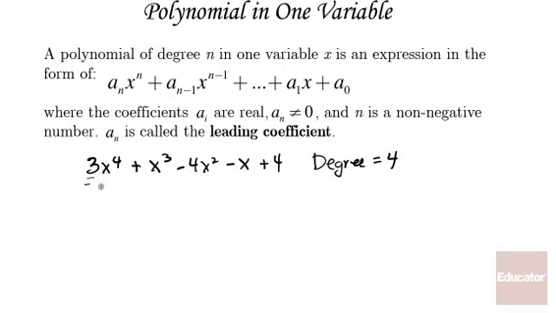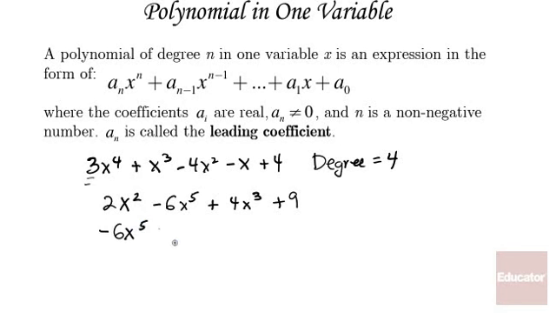One thing to be aware of is that you might look at a polynomial and it could be written like this: 2x squared minus 6x to the fifth plus 4x cubed plus 9. When you look at this, you've got to realize that these are not written in descending order. So you can't just look at the first one and say, oh, this is degree 2. Before you figure out the degree or the leading coefficient, you first need to write it in descending order.